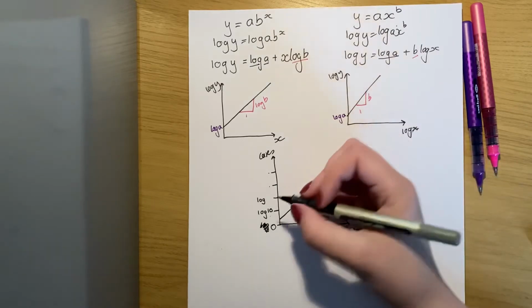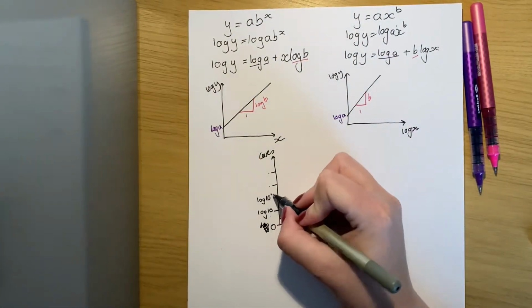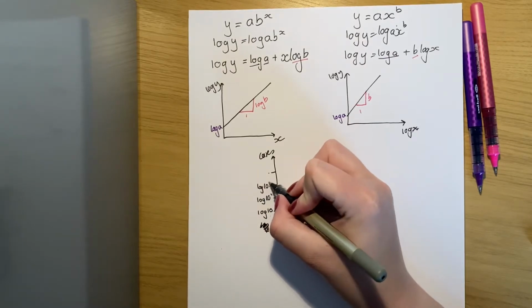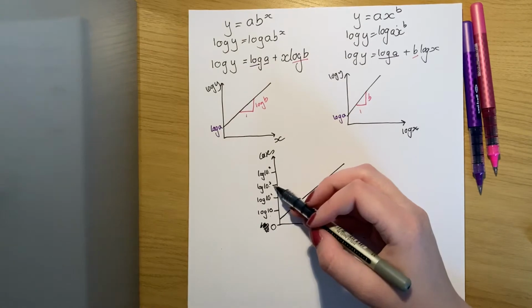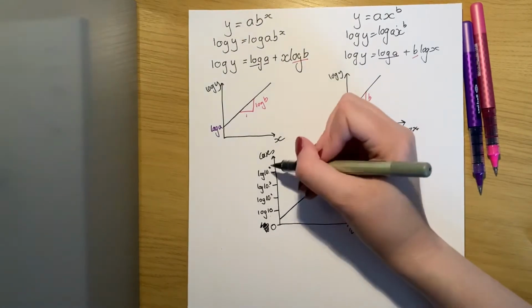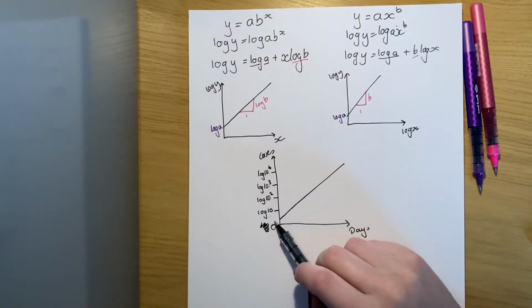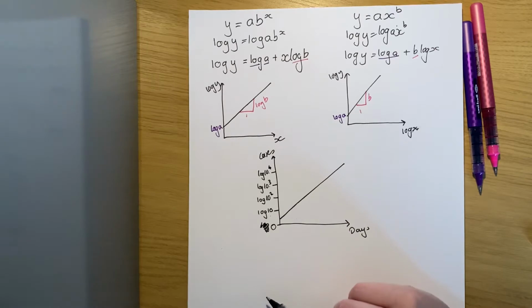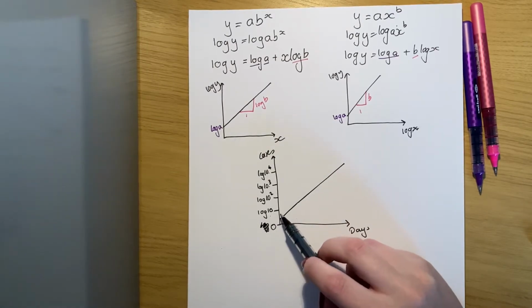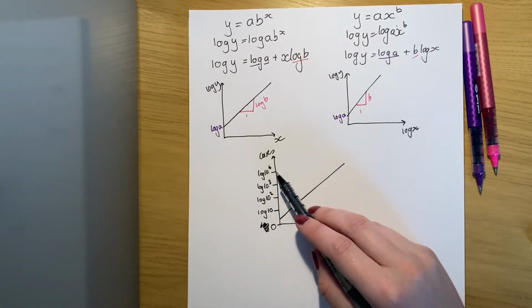And it might be because in a log scale, if I've got log 10 squared, log 10 cubed, log 10 to the power of 4, obviously I've drawn them quite small so they're difficult to see. From a scale point of view, that is 1, 2, 3, 4. From an actual numbers point of view, that is 10, 100, 1,000, 10,000.